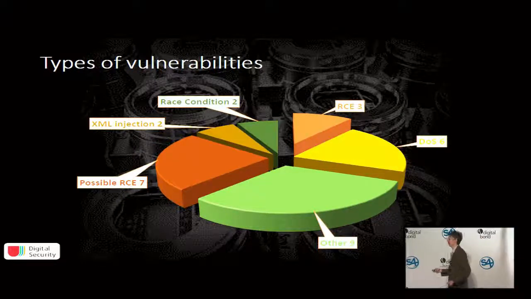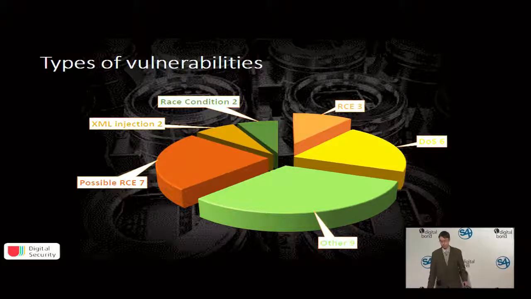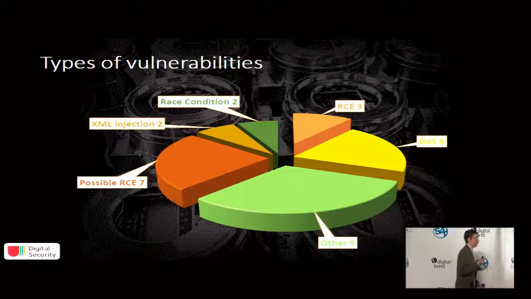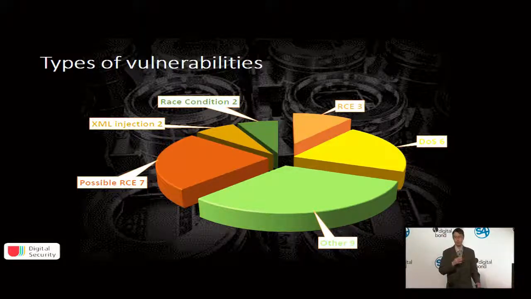And here are the types of vulnerabilities that we have found. It's race conditions, XML injections, and denial of service, where just one denial of service will crash the whole DTM container along with other DTM components.